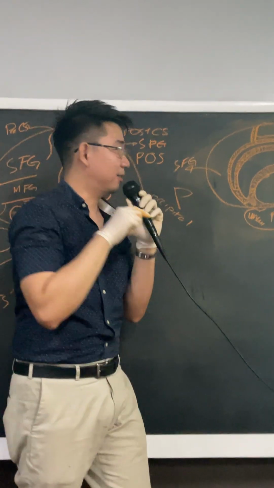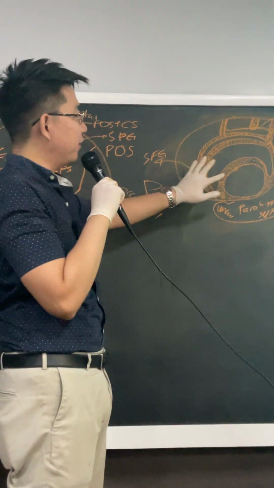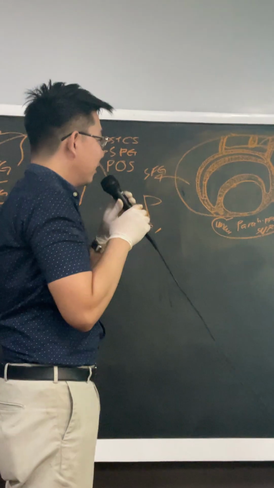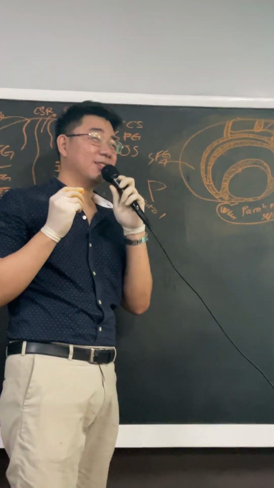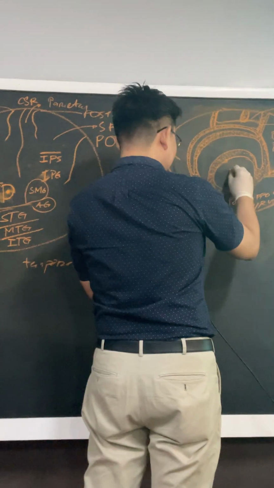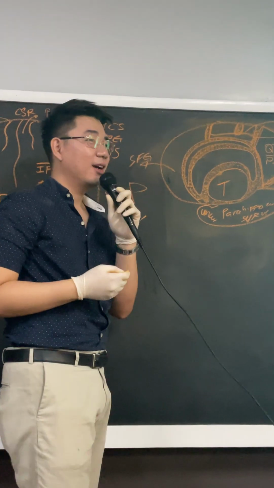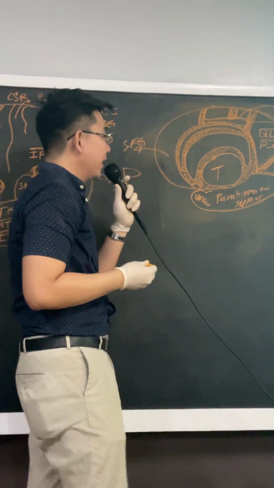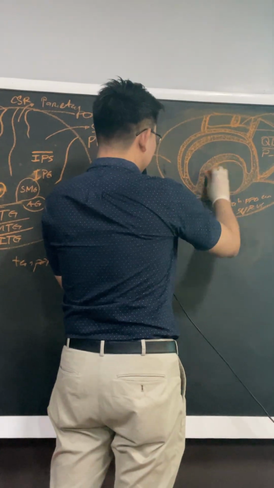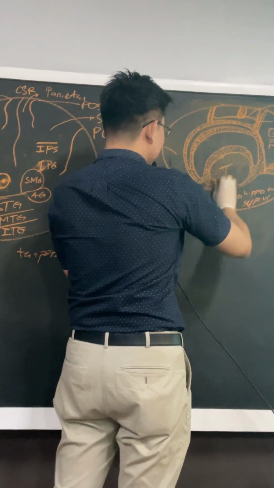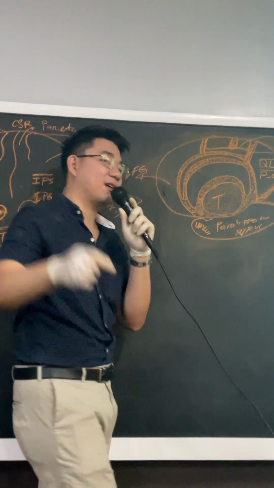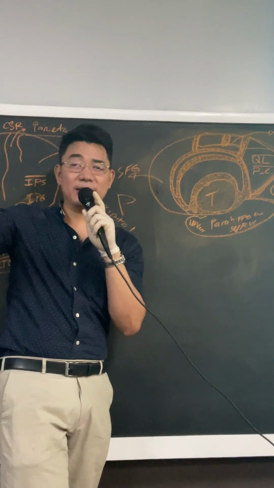So far with me? Now let's identify the one in the middle. Do you remember the thalamus that you mentioned before? This is the thalamus. And there's a very thin sheet-like material covering the thalamus in some of the specimens that you have.